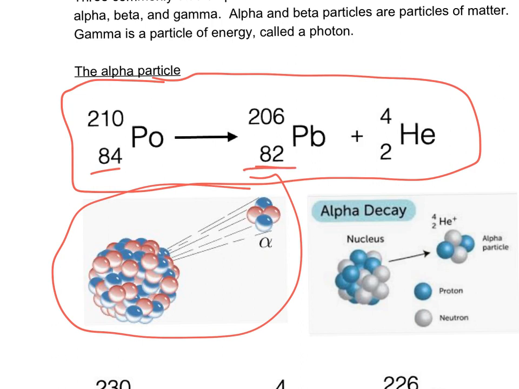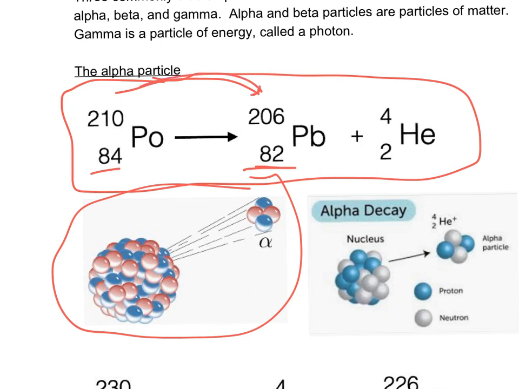That means we have to call the atom lead. And the mass number decreases by 4, because an alpha particle, which is two protons and two neutrons, represents a mass number of 4. And so that's why this drops from 210 to 206.